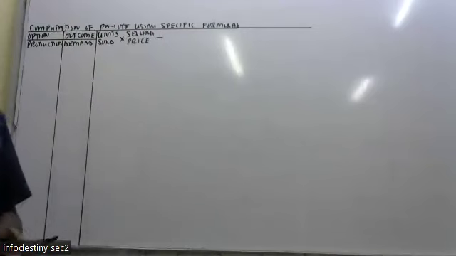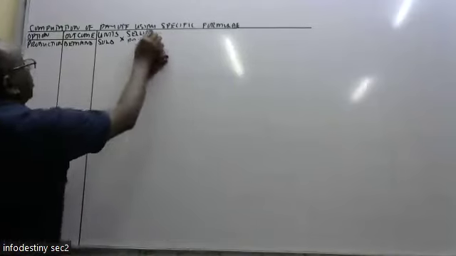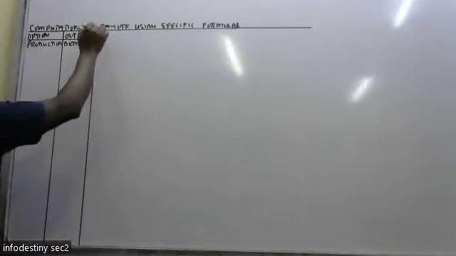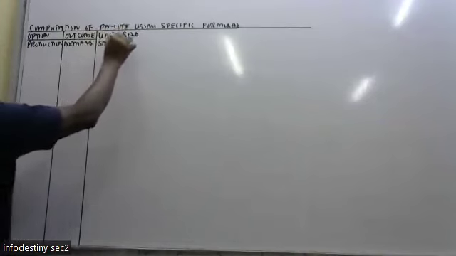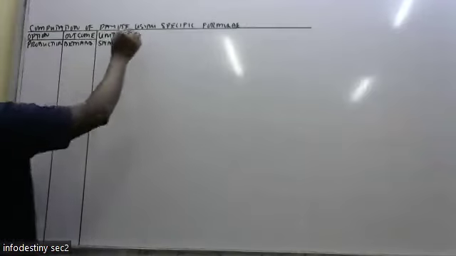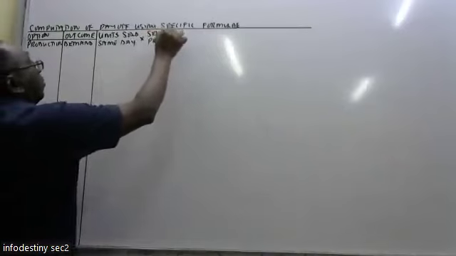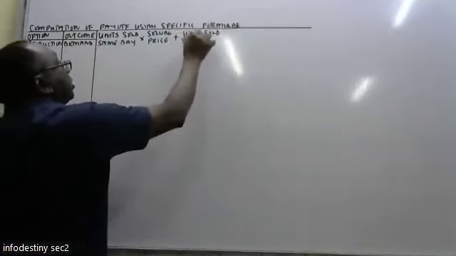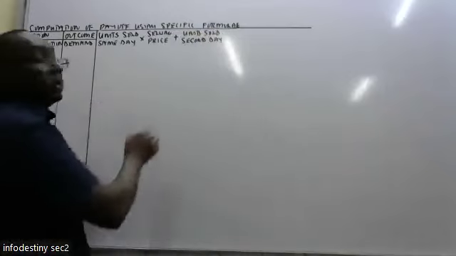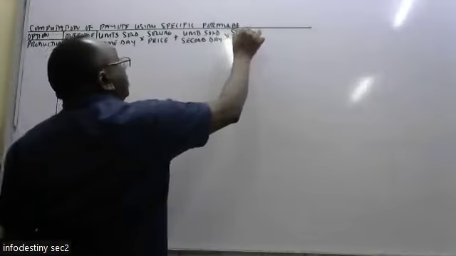I want to modify that formula a little. This way: units sold the same day times selling price, plus units sold the second day times selling price.